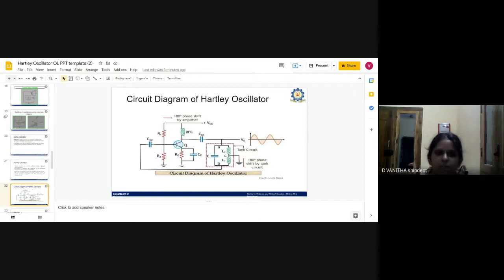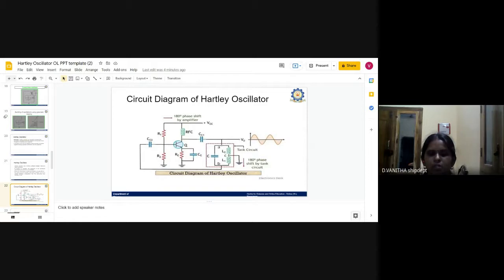This is the circuit diagram of the Hartley oscillator. Here also we are using an NPN transistor. The base of the transistor is connected to a capacitor and it is connected to the tank circuit. The tank circuit consists of two inductances parallelly connected to a capacitance.